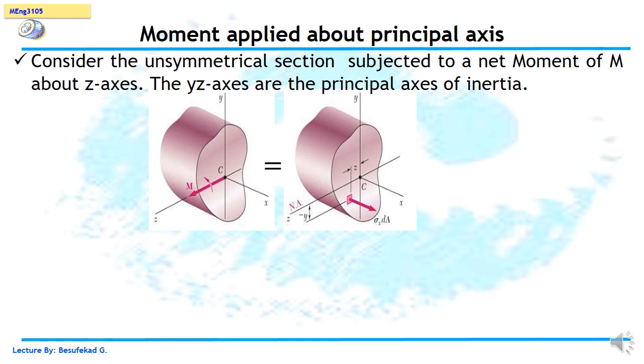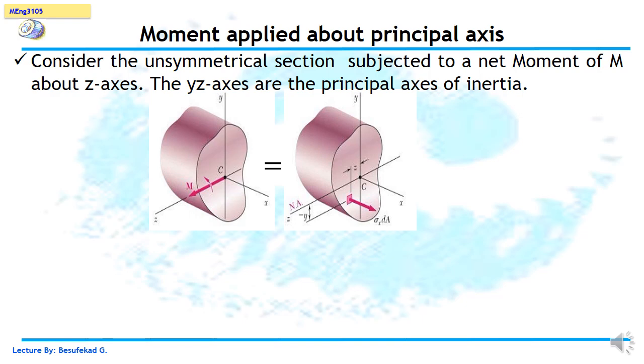One thing that I forgot to tell you here is that this asymmetrical beam is subjected to a couple M along the z direction. So due to this couple, these stresses are created.